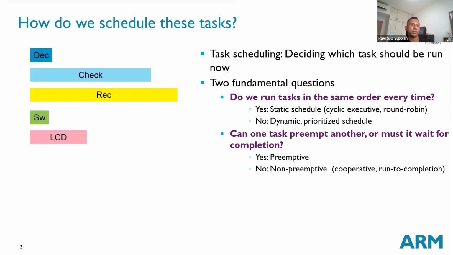Now, the important thing is, if I stick with a normal microcontroller and I need to run all of this, how do I go about scheduling them such that I'm able to fulfill the requirements of the system? I have 5 different tasks, and how do I go about doing this?